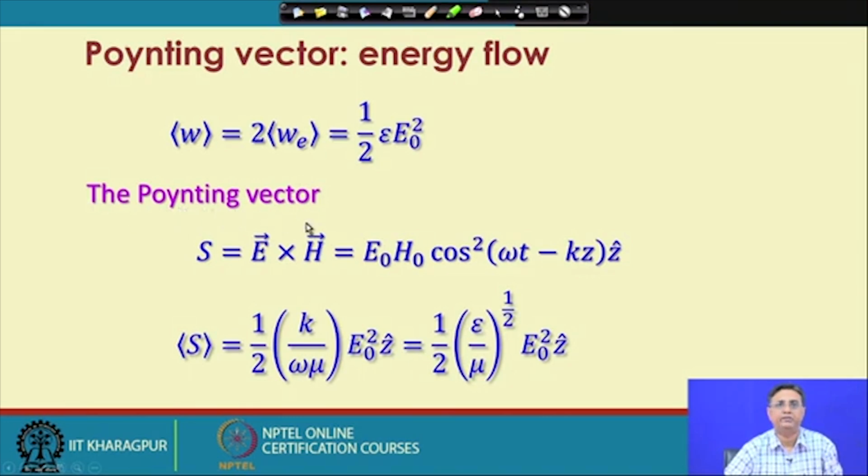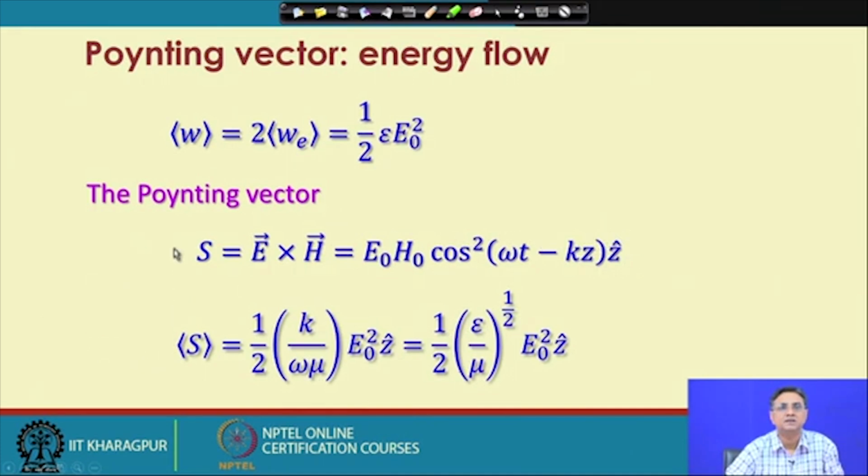The Poynting vector S, the mod of S, is equal to mod of E cross H, which is equal to E naught H naught cosine square omega t minus k z. Since we take the mod, this z cap is not required.